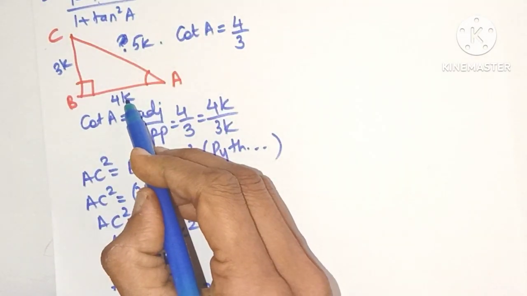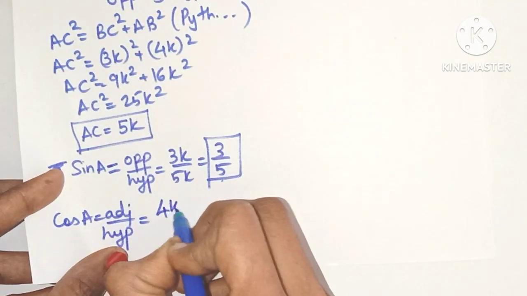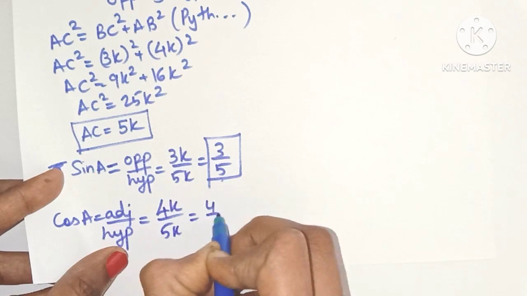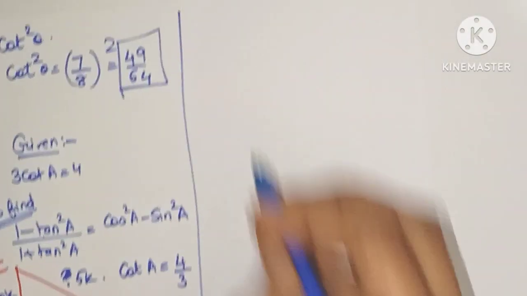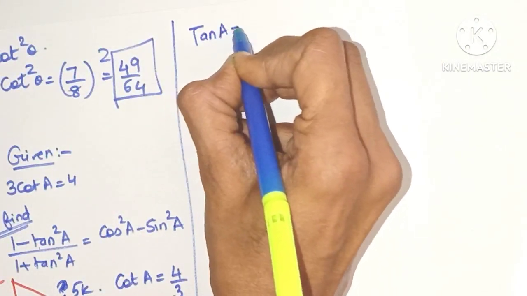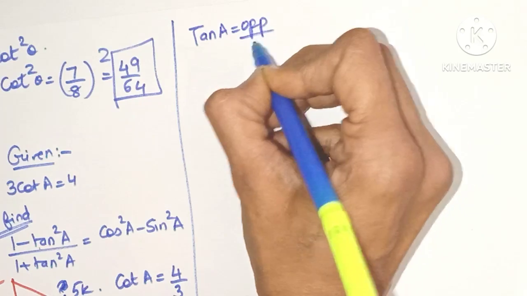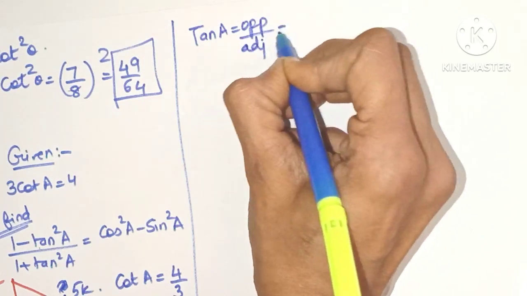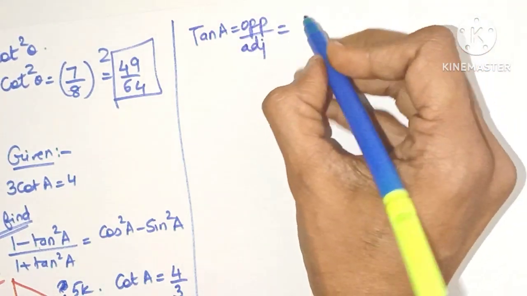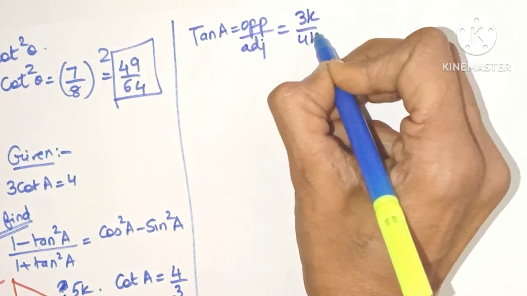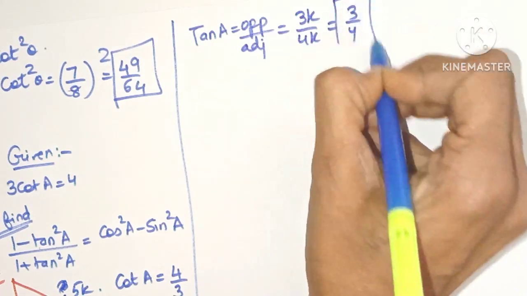So it is going to be 4k by 5k, right? Yes. So this is 4k by 5k. And now we have to find out tan A also. So either you can take tan A as sin A by cos A, or you can just apply the other definition. Opposite by adjacent, which is nothing but 3k by 4k. So this is my tan A friends.